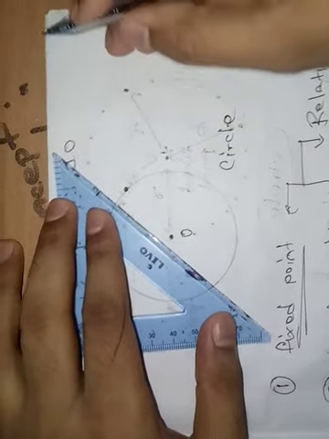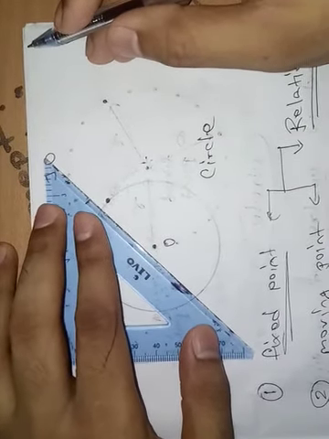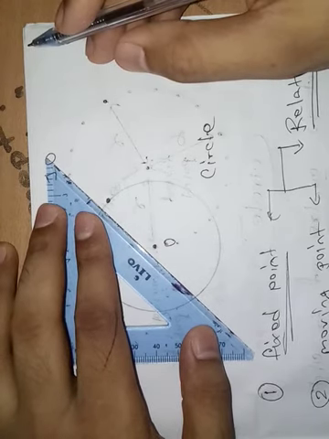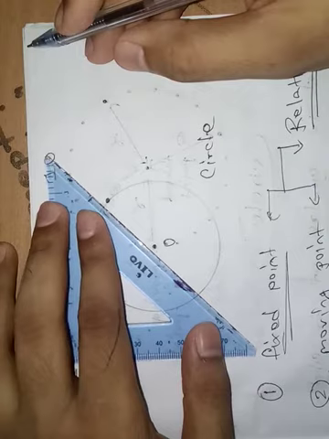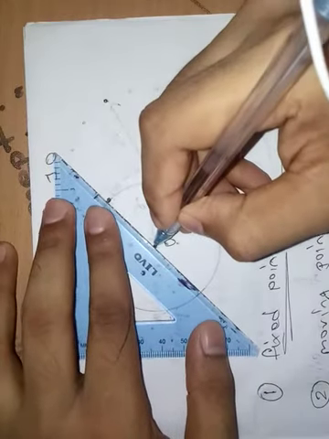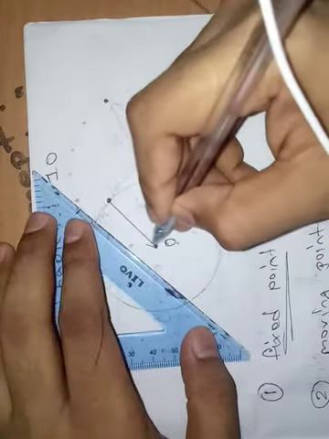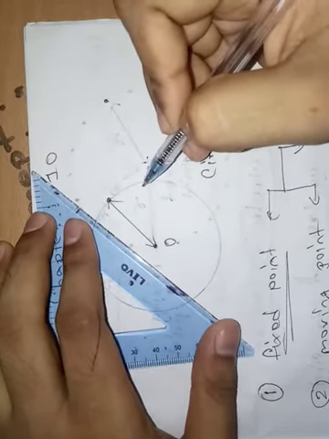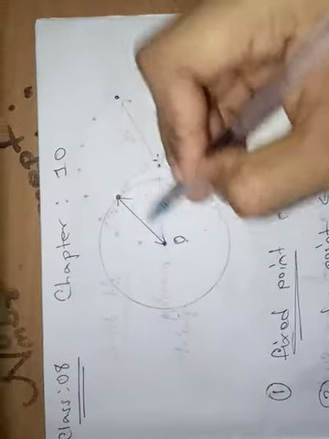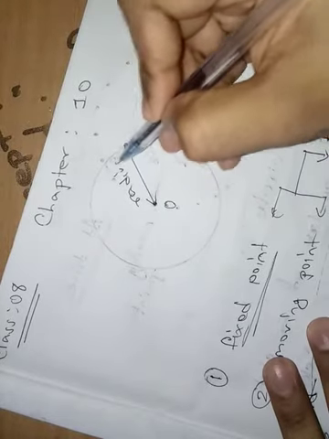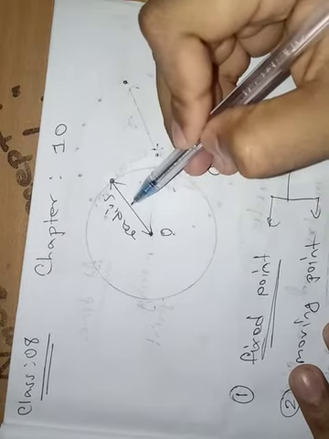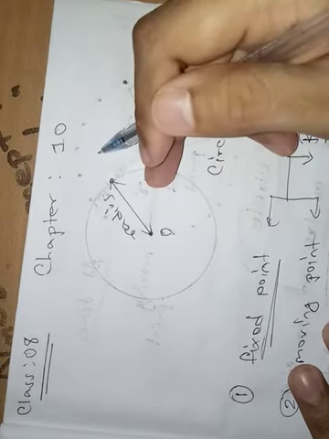The distance that we are saying, which is fixed throughout the diagram between the 2 points, fixed point and moving point, this fixed distance is called radius. This fixed distance, this constant distance is called radius.